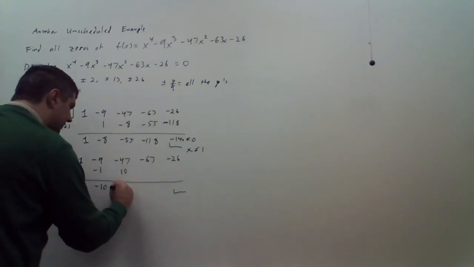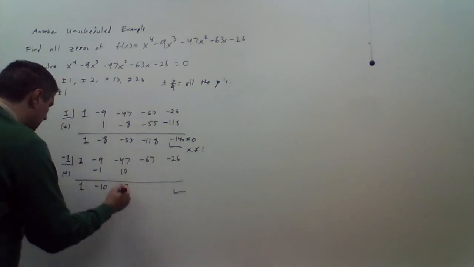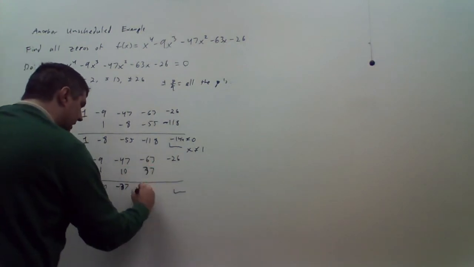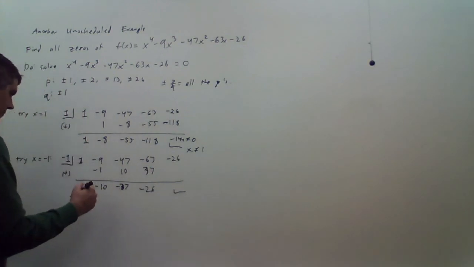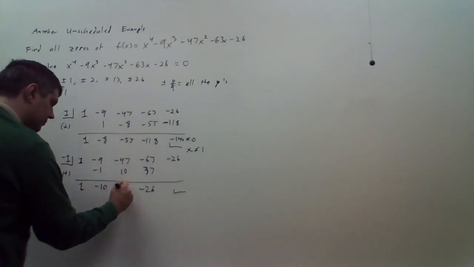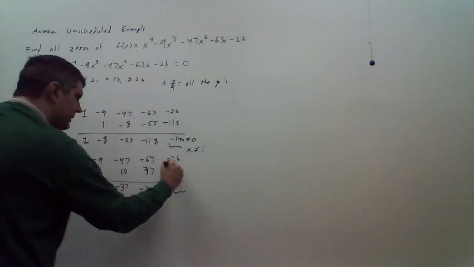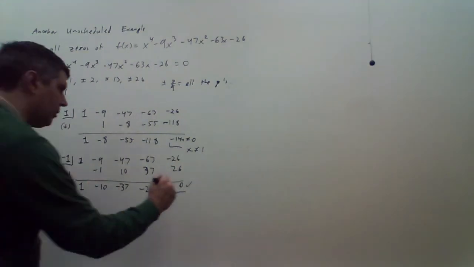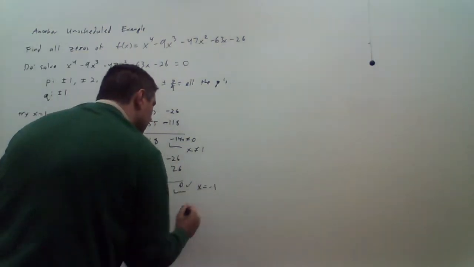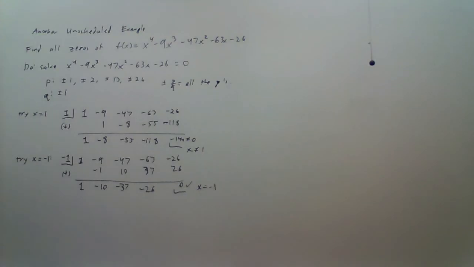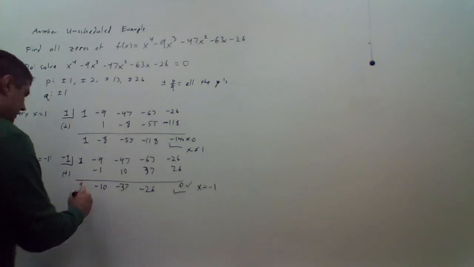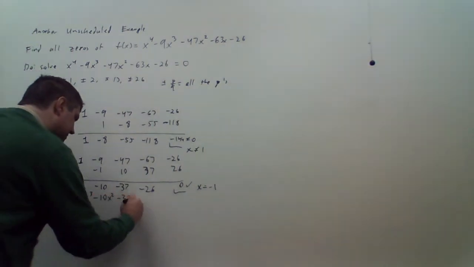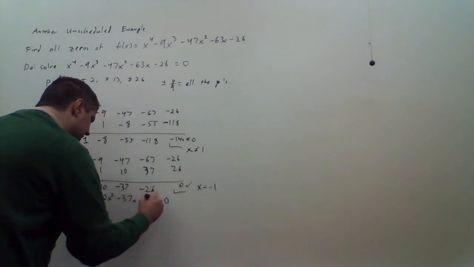That's negative 37. Negative 1 times negative 37 is positive 37. That's negative 26. Negative 1 times negative 26 is positive 26. That's 0. Okay? So x equals negative 1. And then this brings me x cubed minus 10x squared minus 37x minus 26 equals 0.